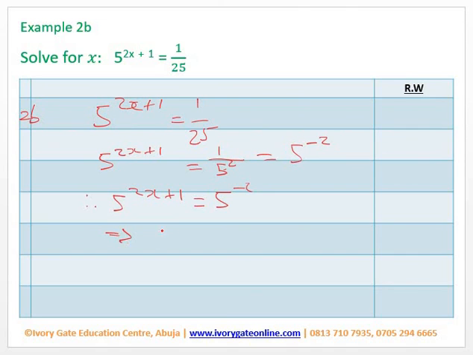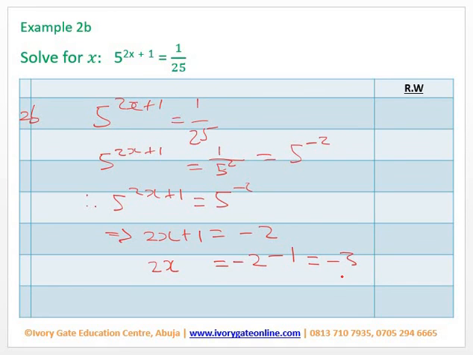This implies that the index 2x plus 1 is equal to minus 2. Here we have 2x, subtracting 1 from both sides, minus 2, minus 1, then equal to what? Minus 2 minus 1 is what?